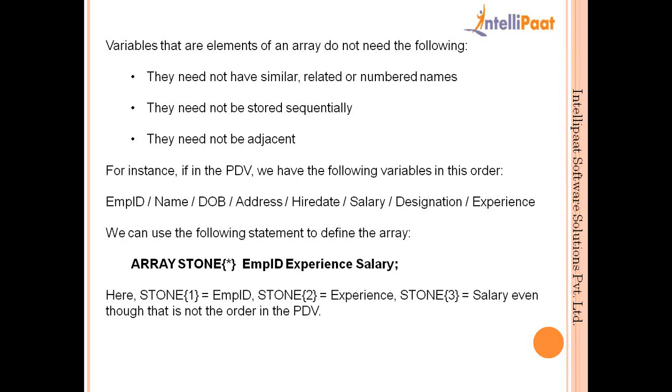Stone 1 would be employee ID, stone 2 would be experience, stone 3 would be salary. Though that is not the order in the PDV, they would be in any order, so that is not a big deal. If you reference it, the counter will automatically run for all the members of that array.